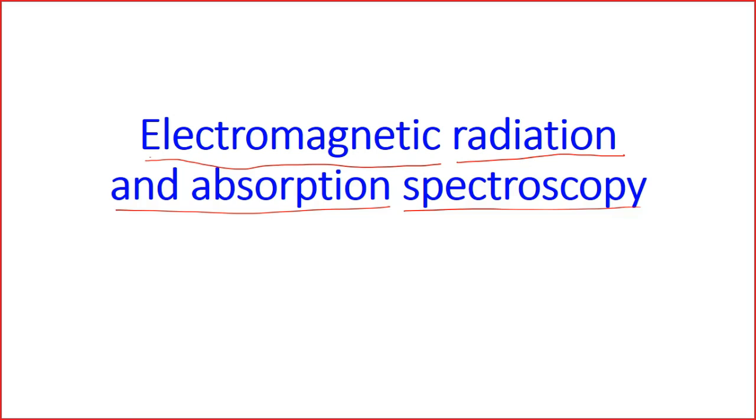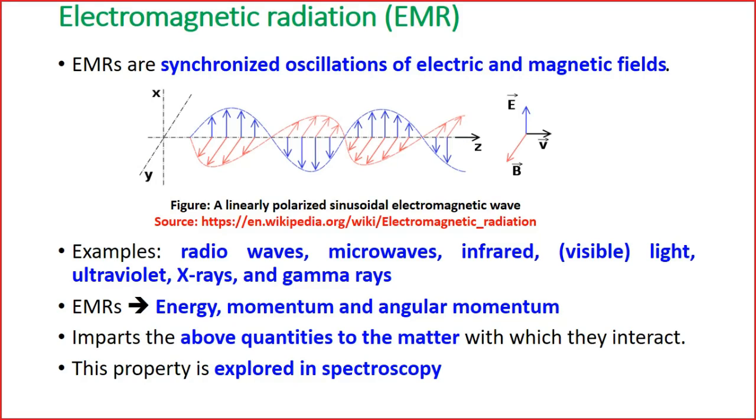Okay, so this will give you a better understanding about the subject when we go into the different spectroscopic techniques. Okay, so when we talk about spectroscopic techniques, they include the use of electromagnetic radiations. Now, what are electromagnetic radiations?